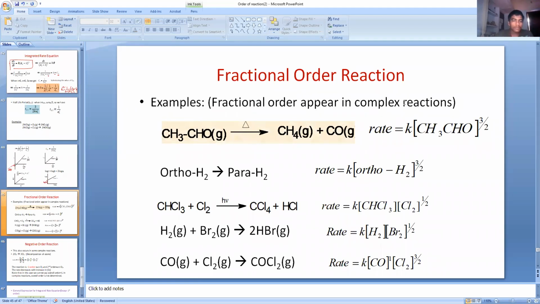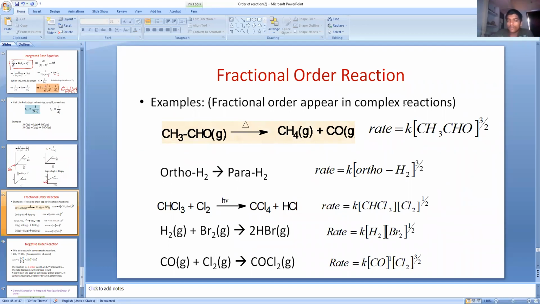Now, there can be fractional order. Fractional order happens only when the reaction is complex. It has more than one step. If it has only one step, these are called elementary reactions.